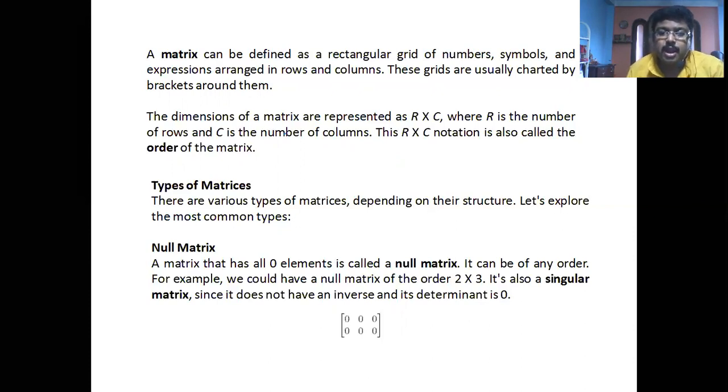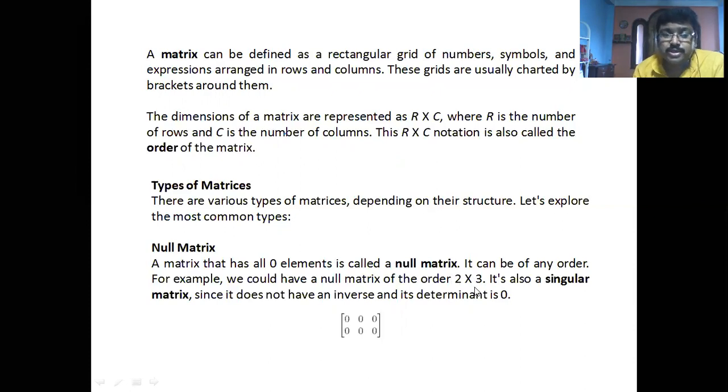It can be of any order. For example, we could have a null matrix of the order 2 by 3. That is, 2 is the row and 3 is the column.